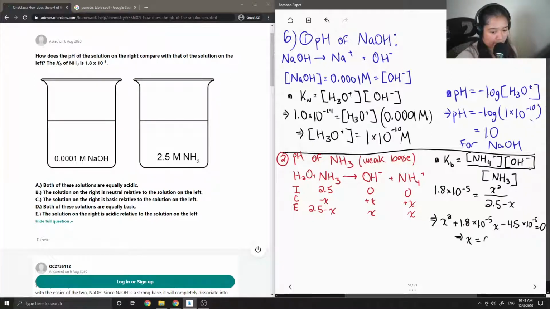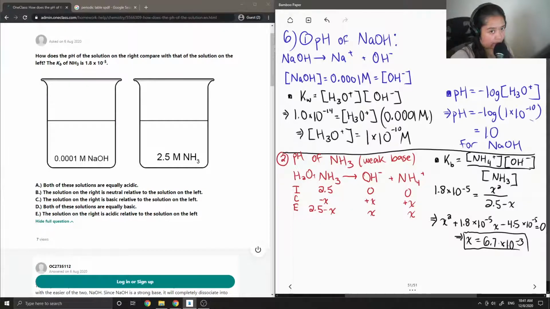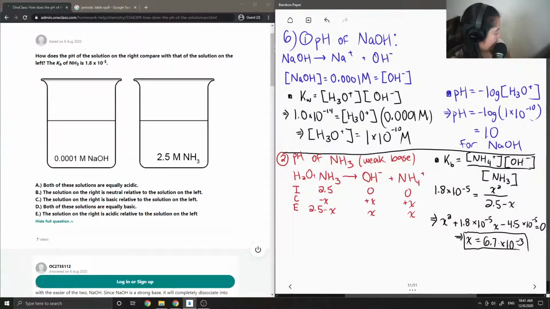So the positive x value is 6.7 times 10 to the negative 3. Okay, so now that we have our x value, this is also the same as the concentration of our OH minus ion.